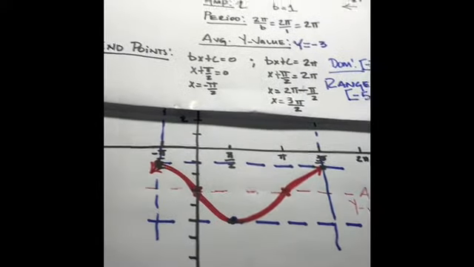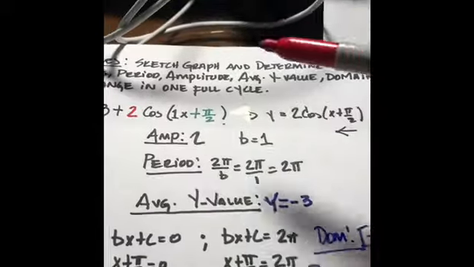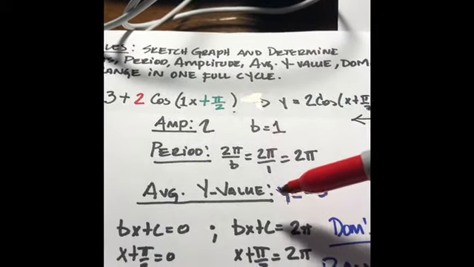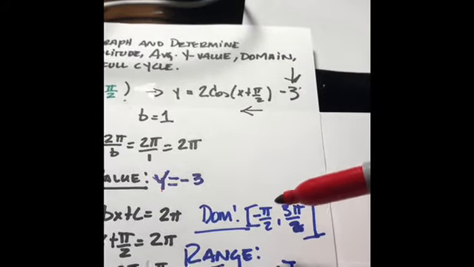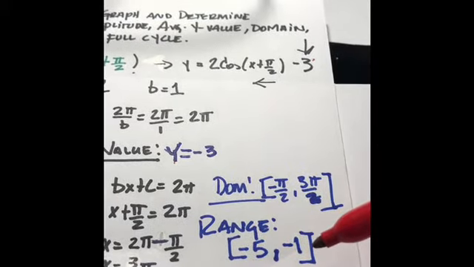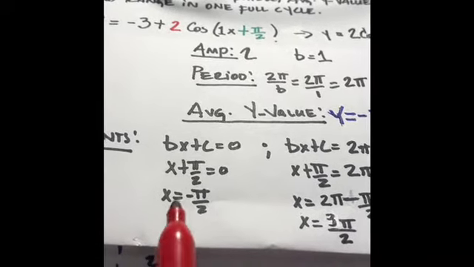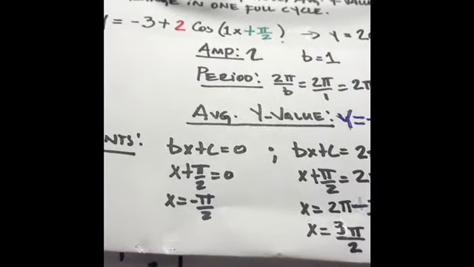Okay, so I already have the amplitude, the period, the average y value that was -3 because the graph got shifted 3 units down, the domain from negative pi over 2 to 3 pi over 2, and the range from -5 to -1. I am missing the coordinates of the endpoints. Remember that what we get here are only the x values of these coordinates.